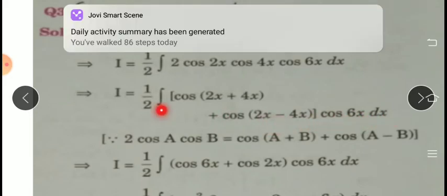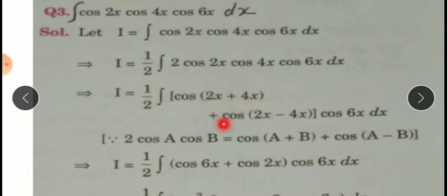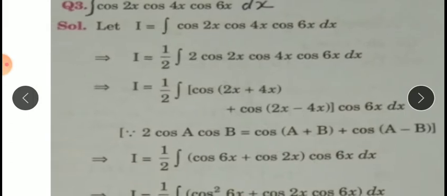When we see this term, 1 upon 2 integration (cos (2x plus 4x), which is 6x, plus cos (2x minus 4x), which is minus 2x) into cos 6x. That is, I is equal to 1 upon 2 integration (cos 6x plus cos 2x).